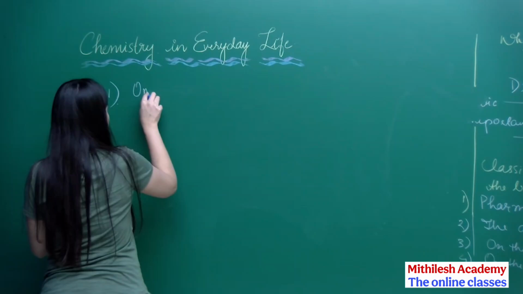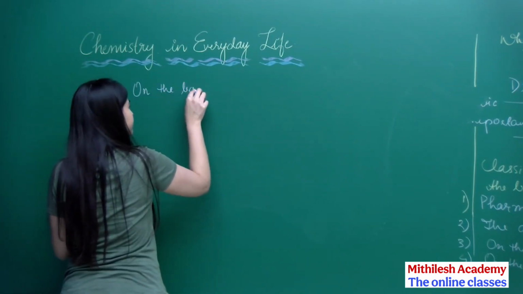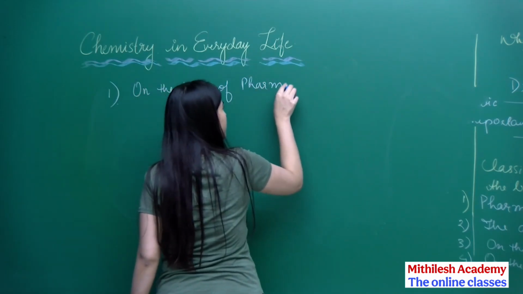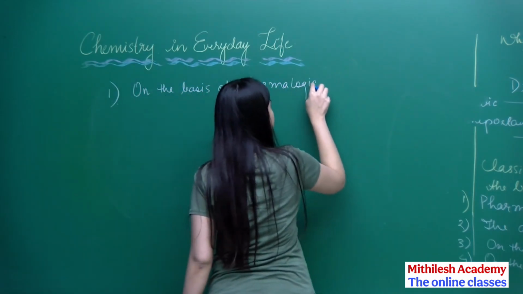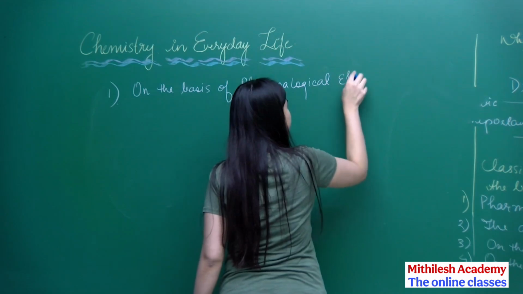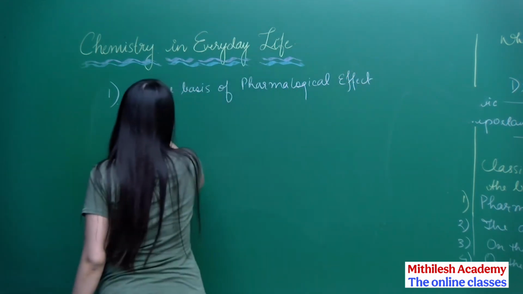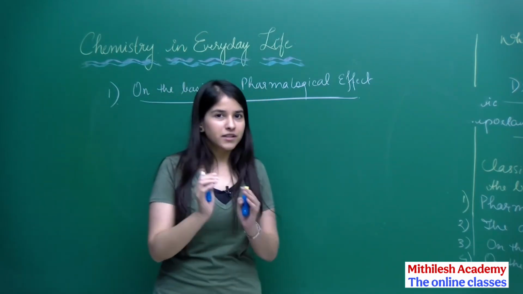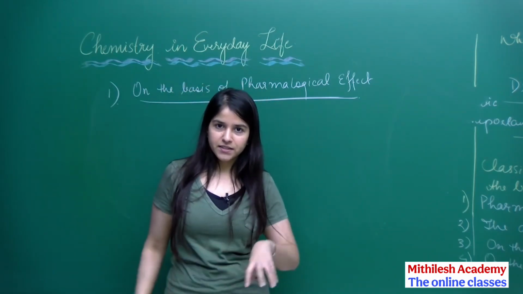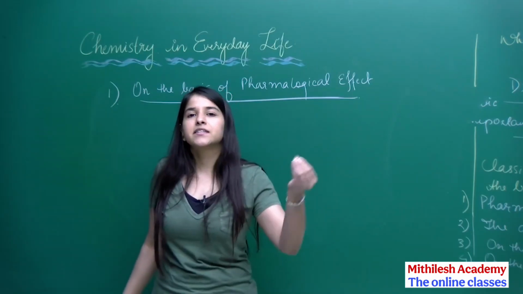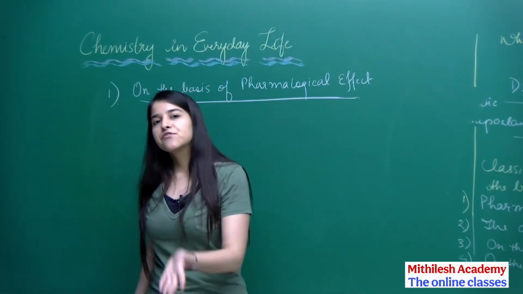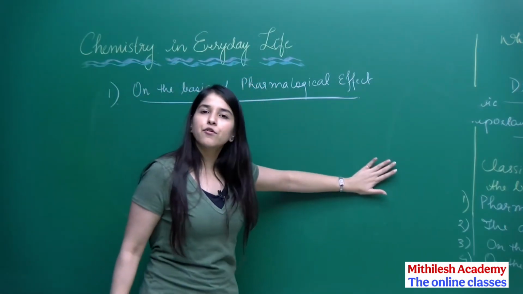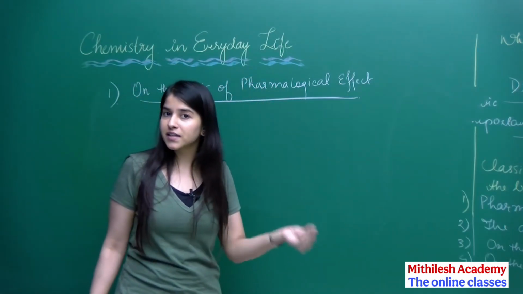So on the basis of pharmacological effect or medicinal effect, what can we have? Actually there is a particular class of each and every drug. That means some of the classes can treat certain diseases, some of the classes can treat another kind of diseases.